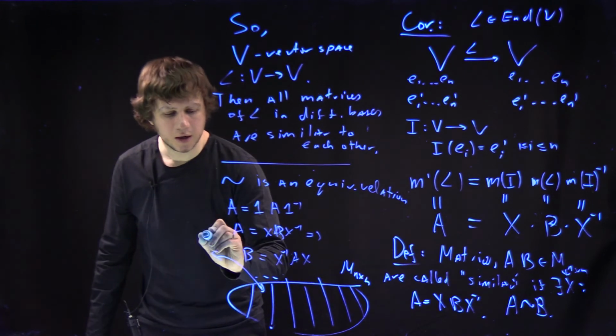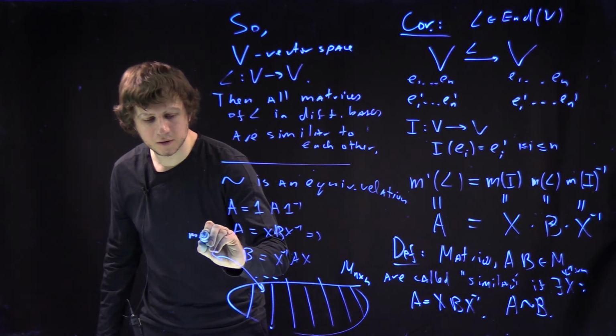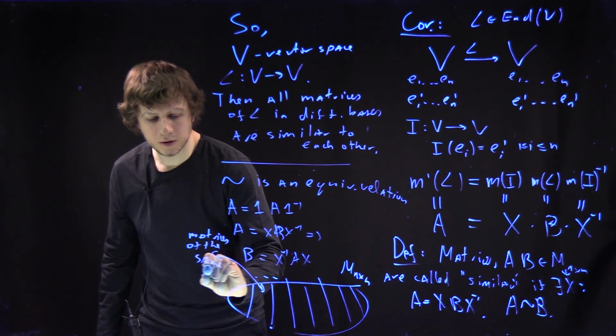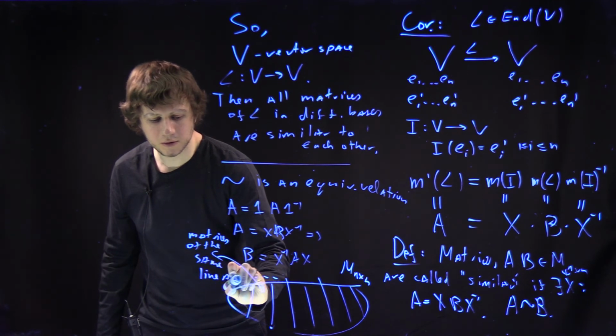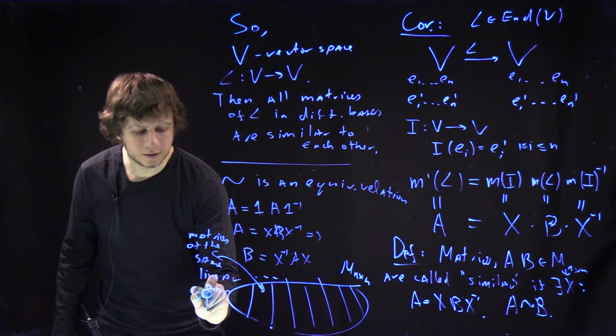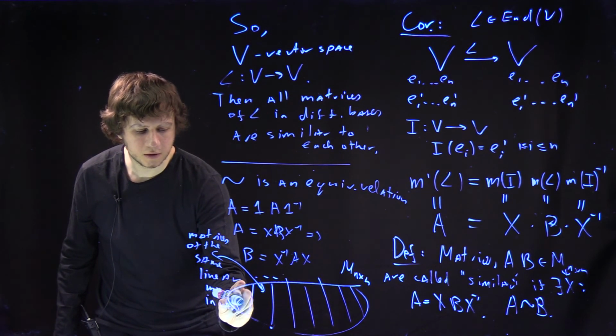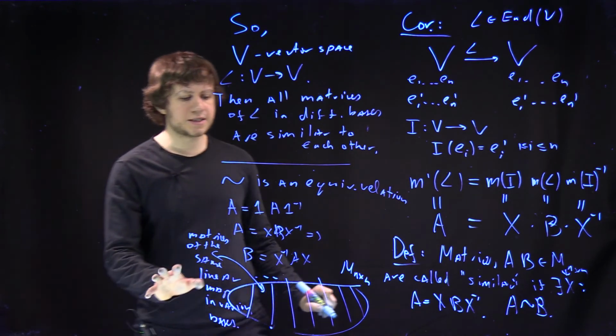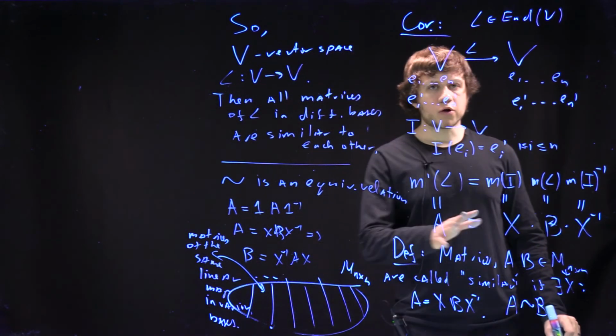So these are matrices of the same linear map in all various bases. That's the main idea, and we will talk about it a lot.